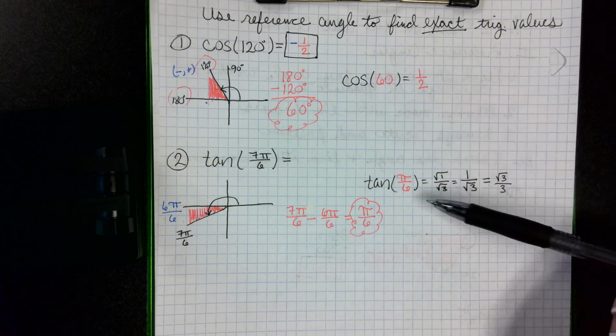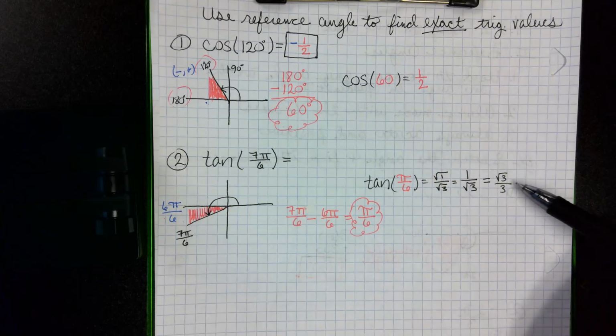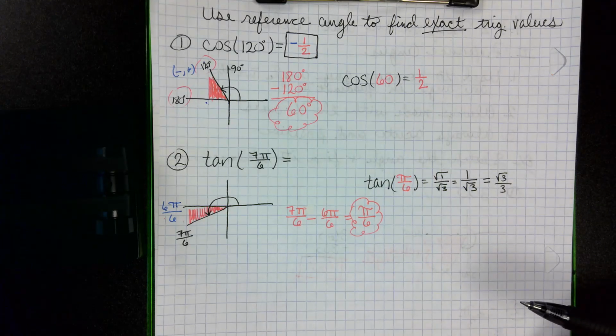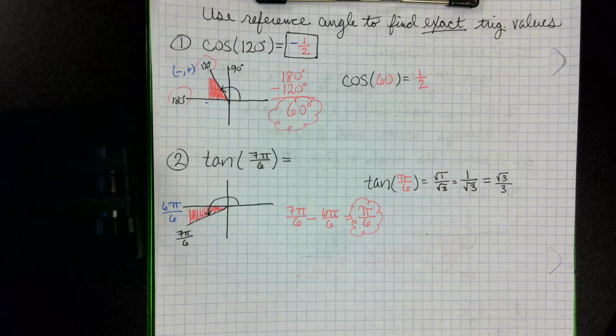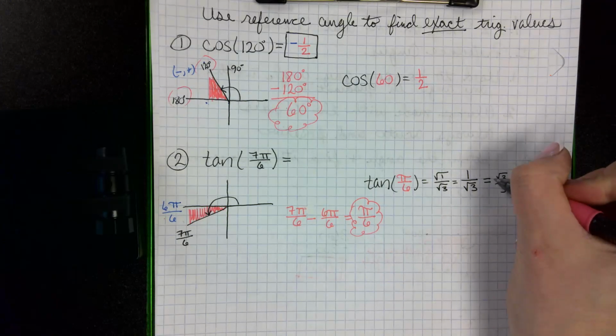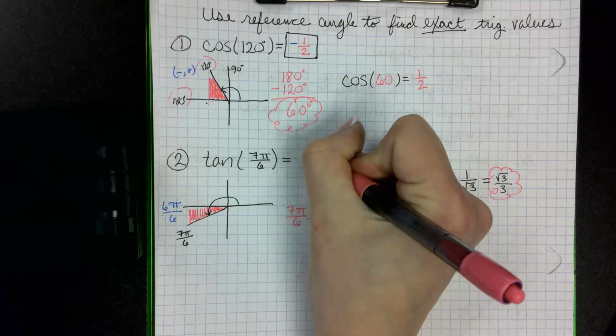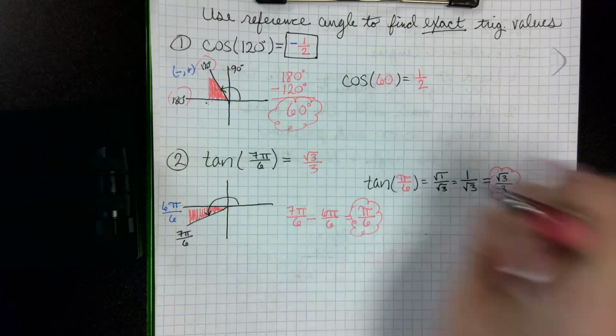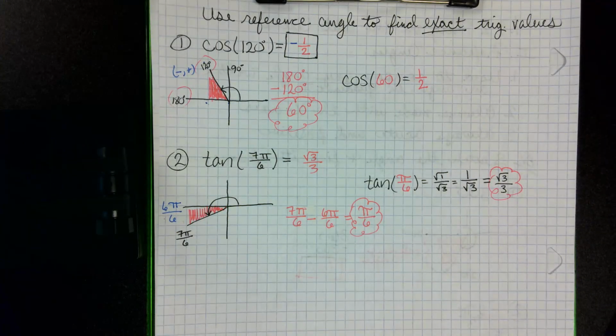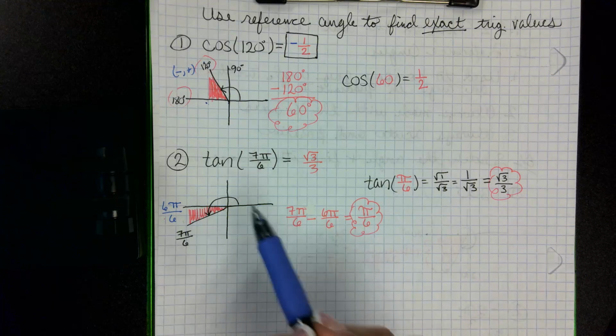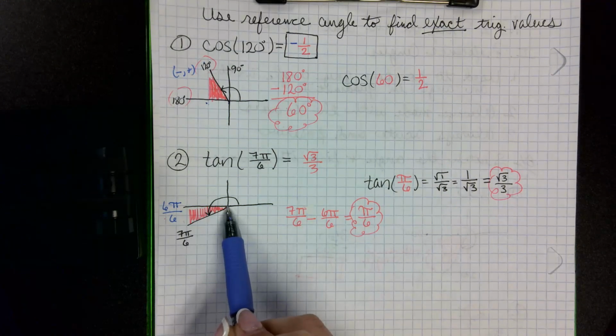Okay, so the tangent of pi over 6 is square root of 3 over 3. So now we have the value, square root of 3 over 3, but is it positive or negative? Let's go back to our sketch.